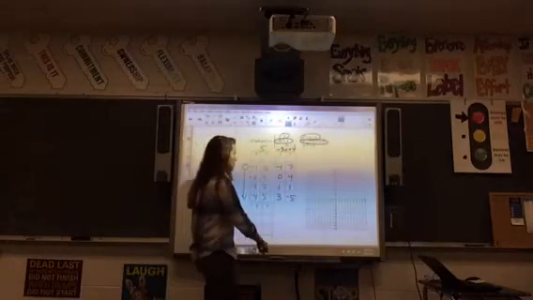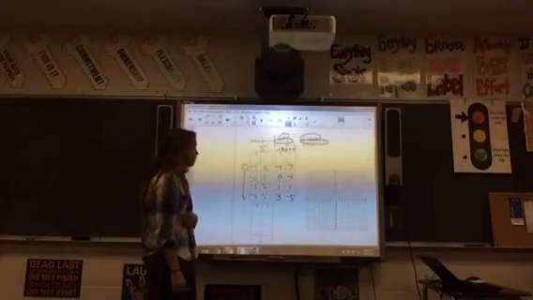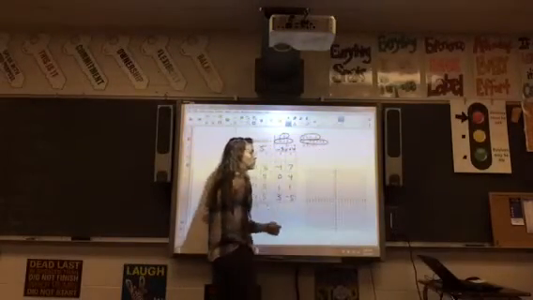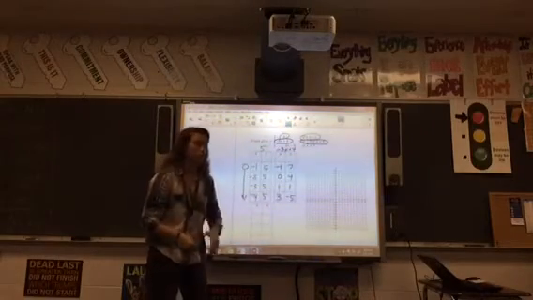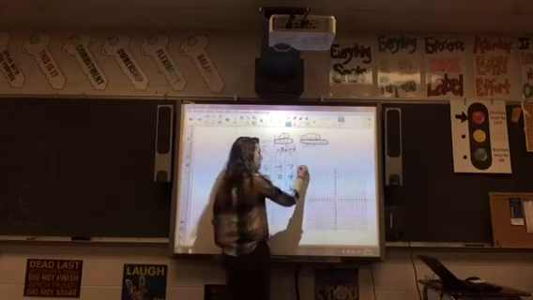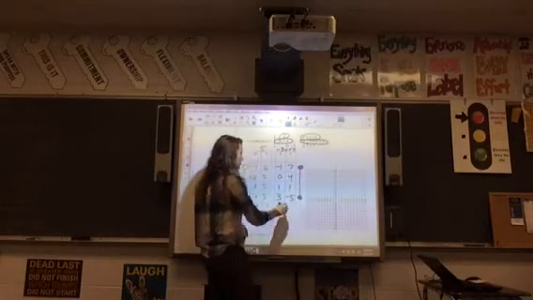And so when I plot these points, we have closed circle and closed circle because we have less than or equal to and less than or equal to. That line underneath those inequality signs tell us we're going to include that point, so we're going to have closed circles at both of those.